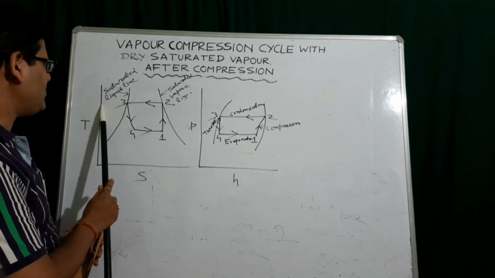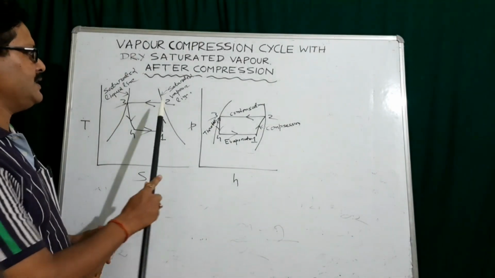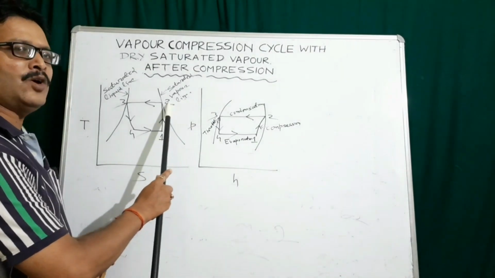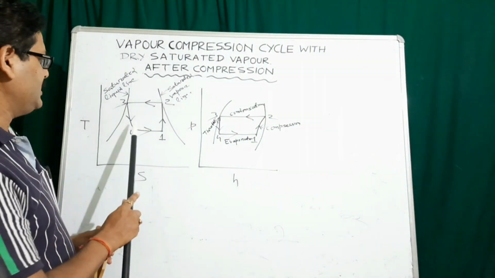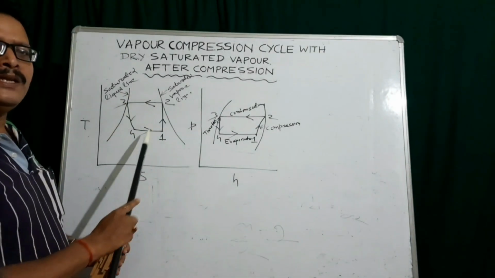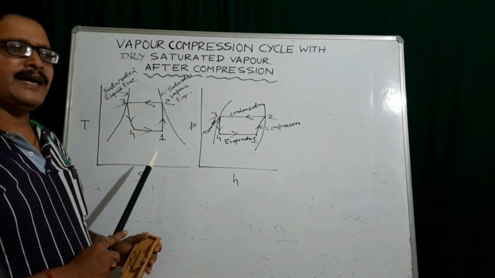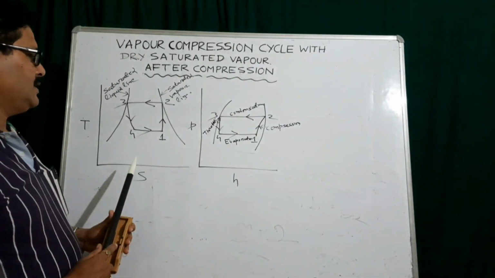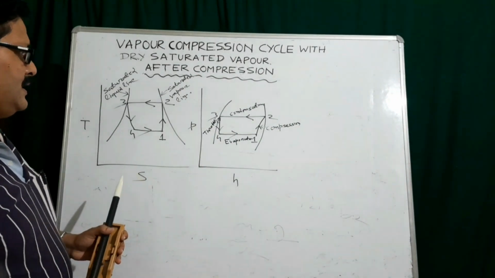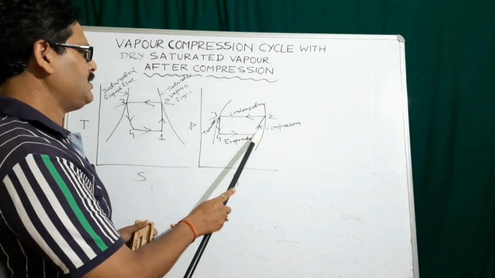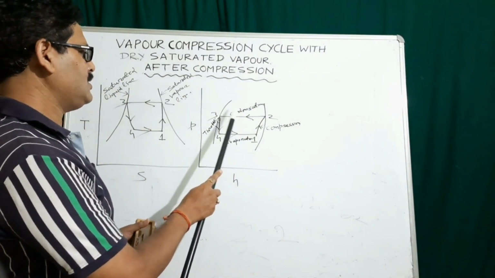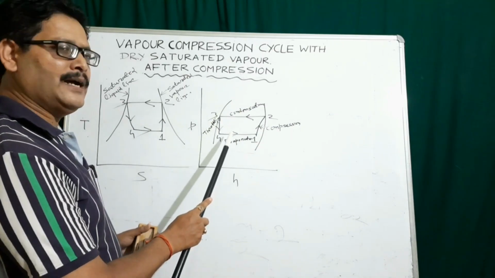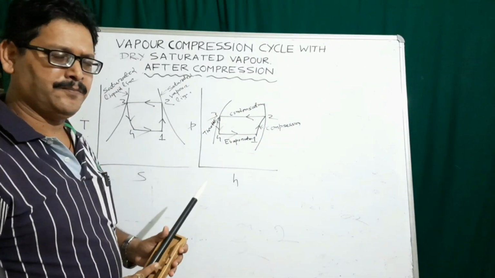So, before this line it is all liquid, and after this line it is all vapour. In between it is a combination of liquid and vapour. The four processes are compression, condensation, throttling and evaporation.